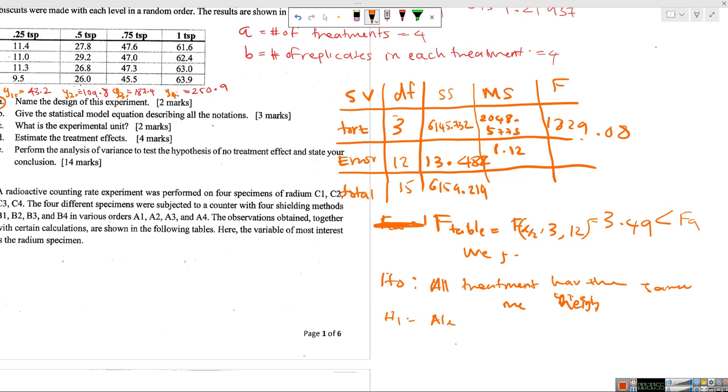This is what we have to write down. So that is the conclusion. You are supposed to write down this hypothesis before comparing these F values, and then at the 95% confidence level you can statistically conclude that at least one pair is different from the others, right?